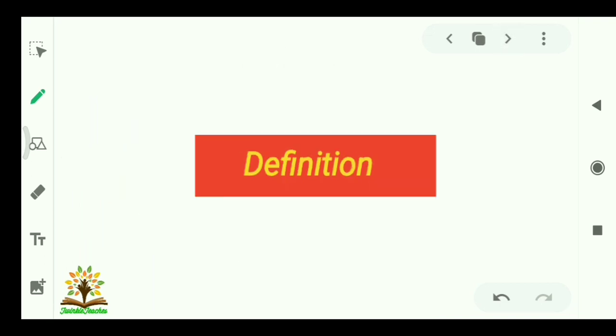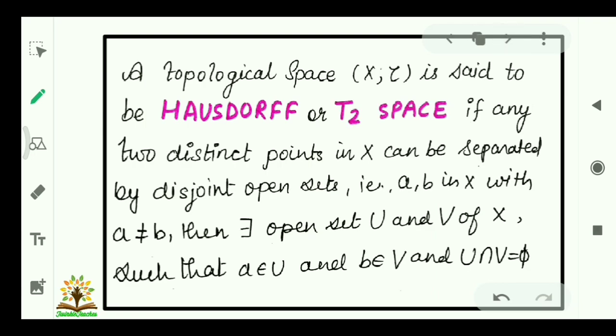Let us understand it with the help of the standard definition. A topological space (X, tau) is said to be Hausdorff or T2 space if any two distinct points in X can be separated by disjoint open sets. What does it mean by distinct points?